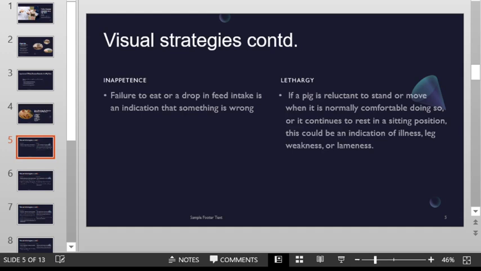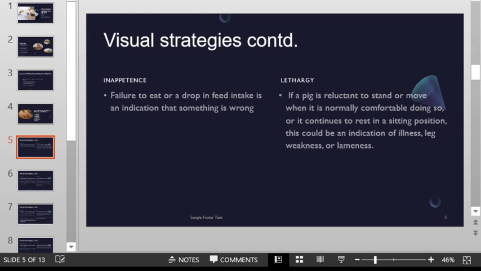Of course, as a result of the pain sustained by the aggression of other pen mates, the animal might not be willing to stand. Okay, the animal might be too weak to stand. So this is a clear sign that something is wrong. Failure to attend to it, probably to isolate that animal at that point in time, may lead to another more severe condition. So you want to look out for this.